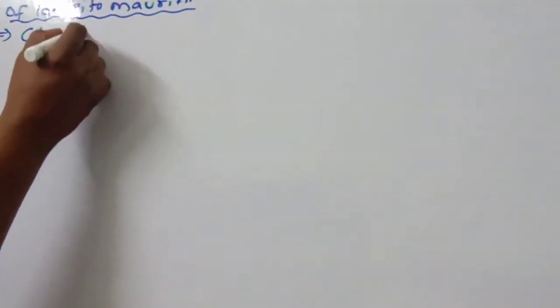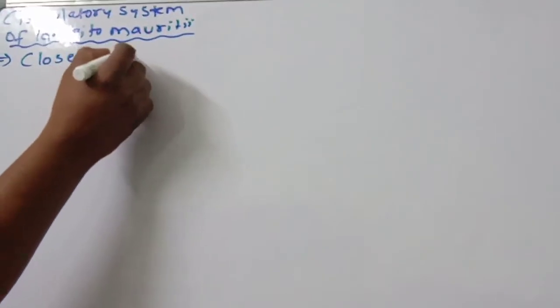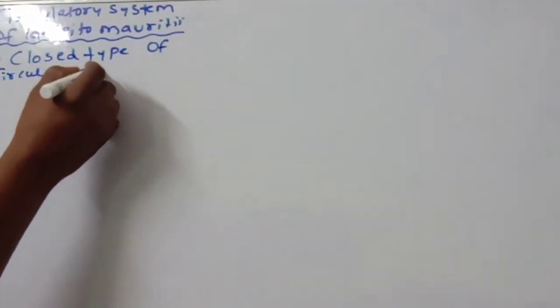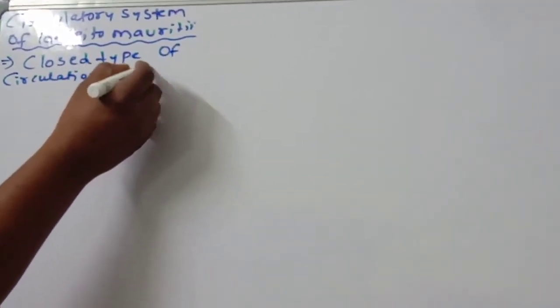It exhibits a closed type of circulation system. You know very well what a closed type of circulation is. Blood will flow in the blood vessels.